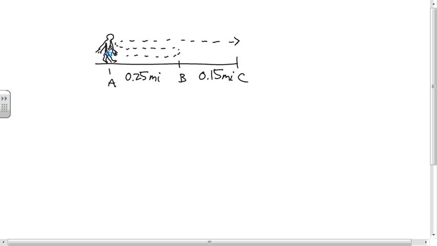When we do those things, it doesn't change anything about his motion. He doesn't even have to know we're there. His motion is still going to go from A to B to C, but the values that we associate with it are going to change based on what choices we make.